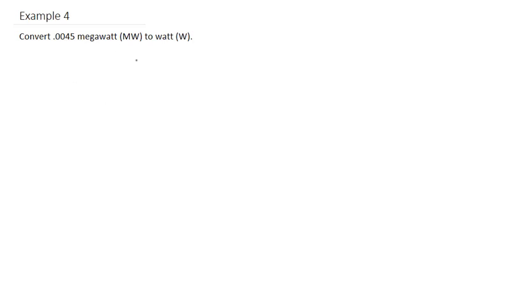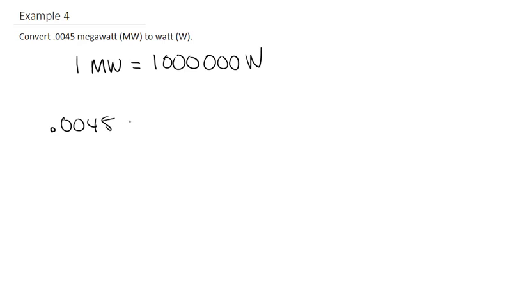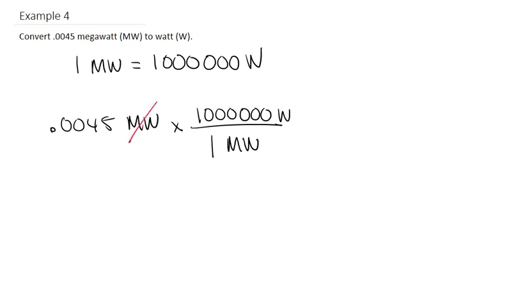So we know 1 megawatt is equal to 1 million watts. So we can go 0.0045 megawatt. Then we need to do the multiplication. So we put 1 megawatt and then we put 1 million on the top for watts. We can go ahead and cross out our units.